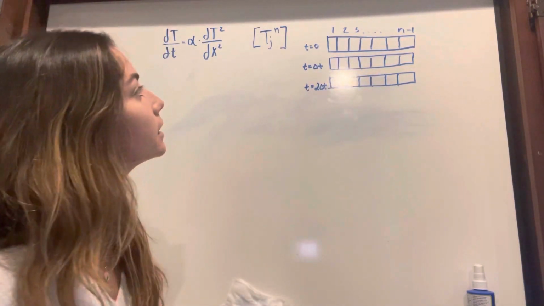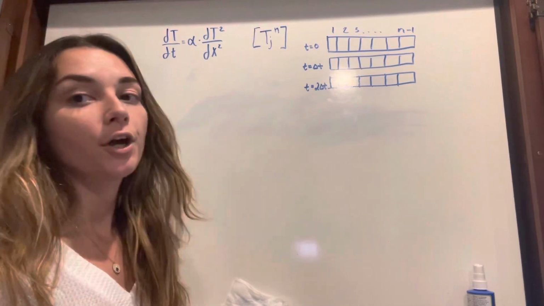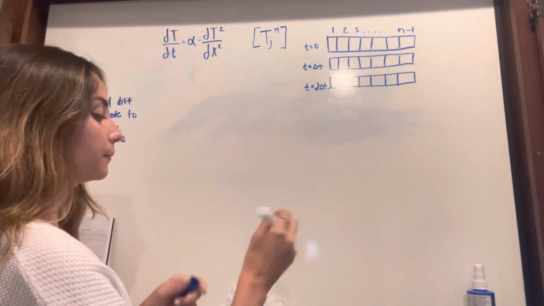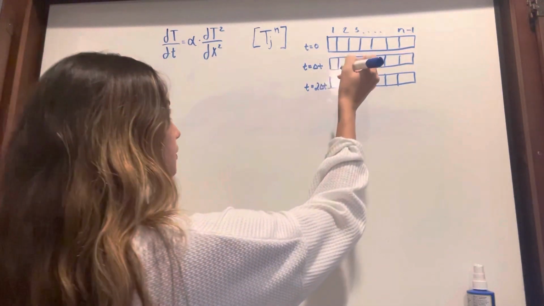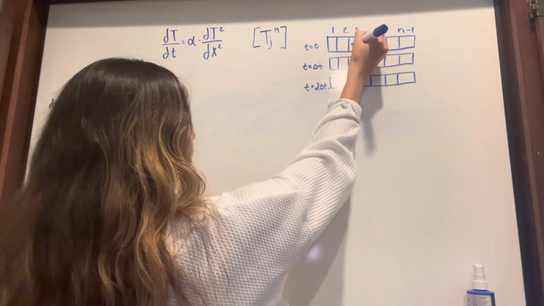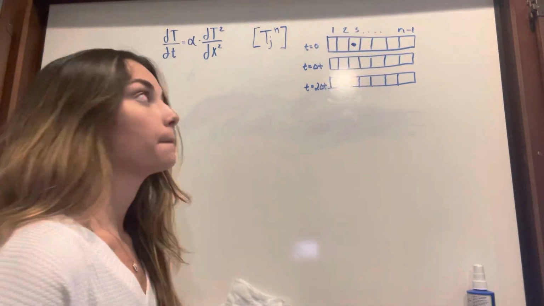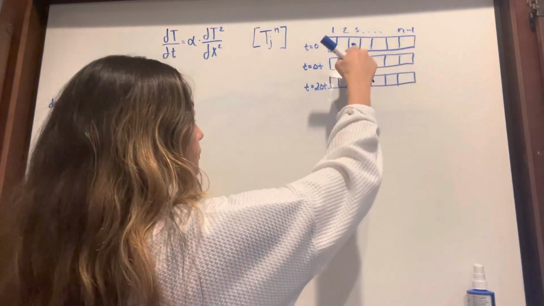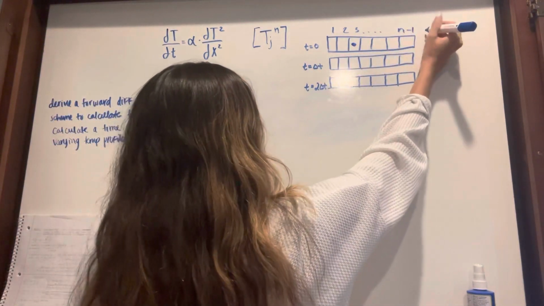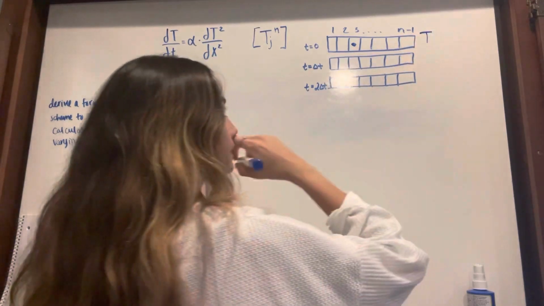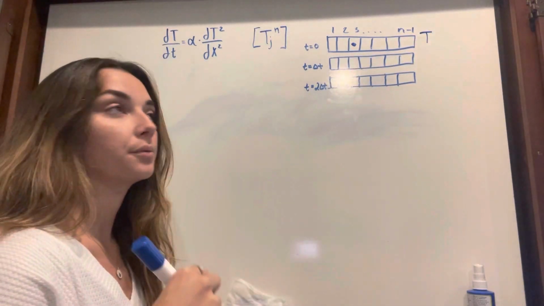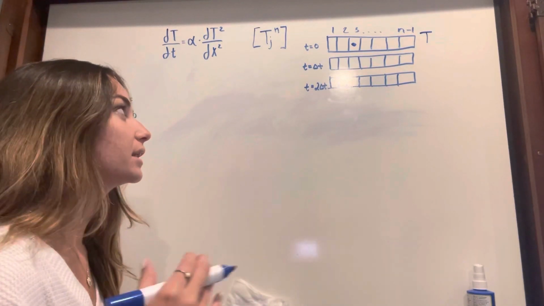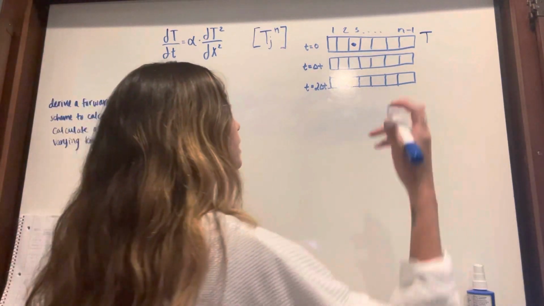So basically, in our code, which we'll be doing in our next video, we're going to want it to choose a position in our bar, or a segment. So pick a segment in our bar, and then this is how we're going to write it in our code, so we can pick that position and calculate the temperature for that increment, and then for the next increment and the next increment.